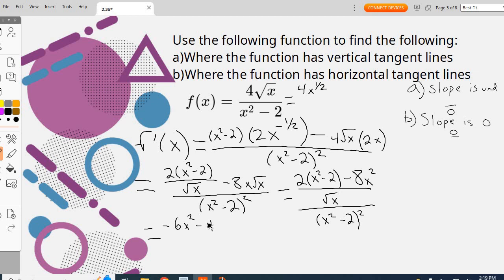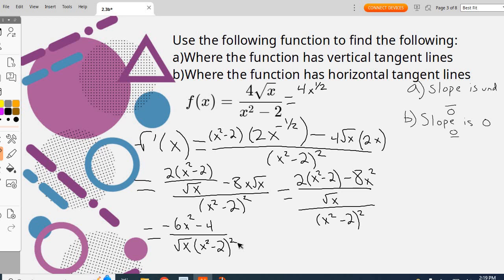Then I still have a square root of x on bottom. But then remember, I would multiply by the reciprocal. So I would get 1 divided by x squared minus 2 quantity squared. So it is still going to be on the bottom, with x squared root of x now. So really, at the end of the day, it didn't look super great to start with, but it simplified out to be fairly straightforward.